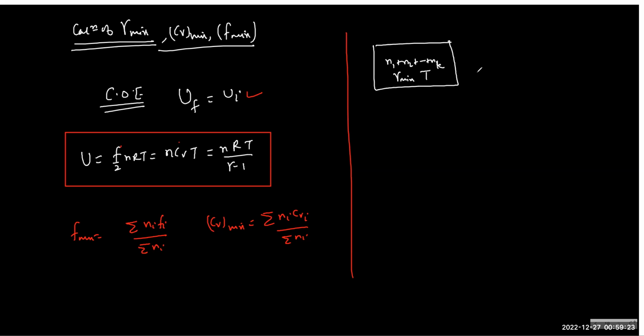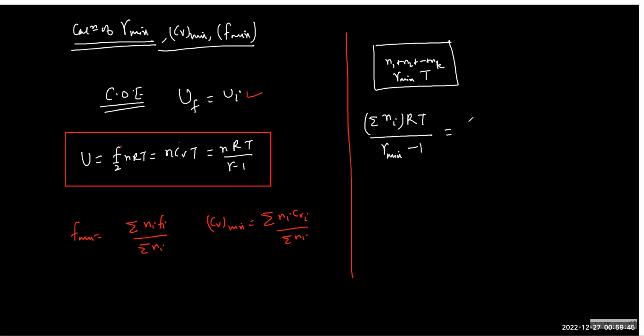That's the gamma mix. So how to write the answer? N total, N. Look at this. So total moles N R T by gamma mix minus 1. You are treating the entire mole as one system.